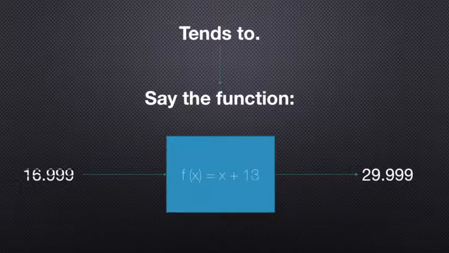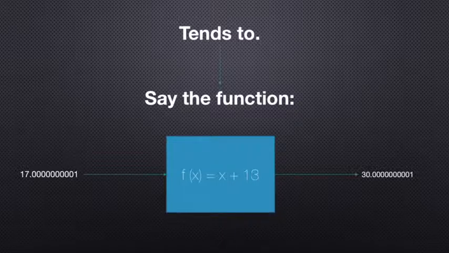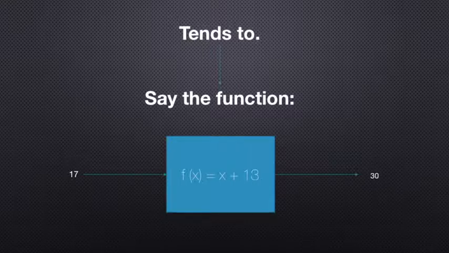The same thing if you take an even closer value to 17, 16 point followed by 9 nines, then you'll get the answer of 29 point followed by 9 nines. If you choose the other way around, where you take 17 point 0.00001, you'd get the answer that is almost 30. In that sense, you could say that when x tends to 17, f of x tends to 30. This is the basic fundamental principle that is about limits.